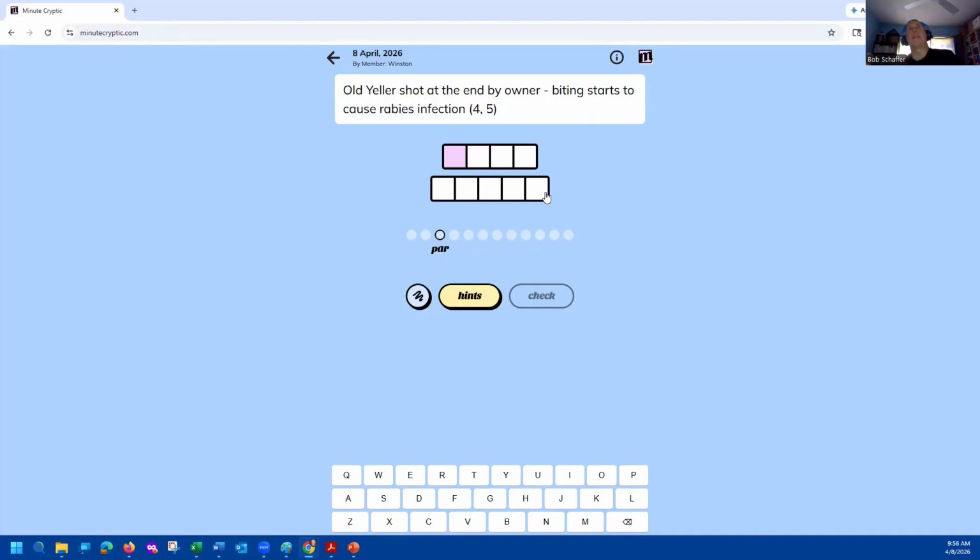I like the idea that yeller means someone who yells. Is that the definition? Old yeller. Who yells? Who could yell? Is this a job title of someone who yells? Is this a proper noun of someone who yells?